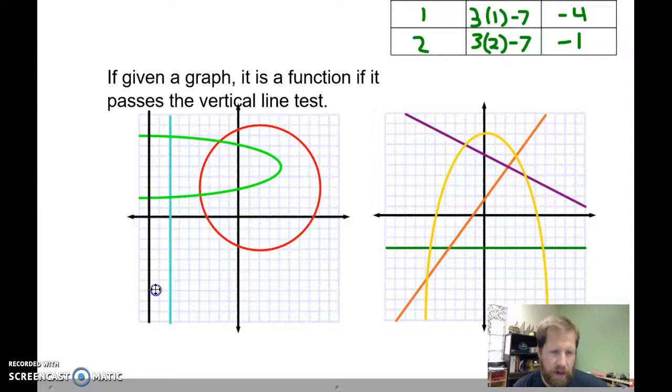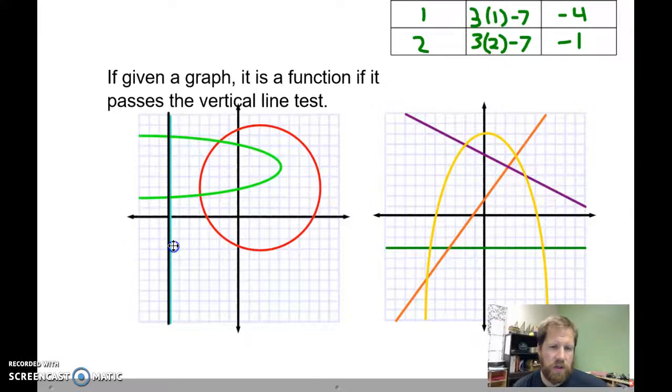Right now I am on x -9. So at x -9, if I had a table, I would have a y value here at about 2 and a y value at about 8. So I have two y values for my one x value, and that means it's not a function.